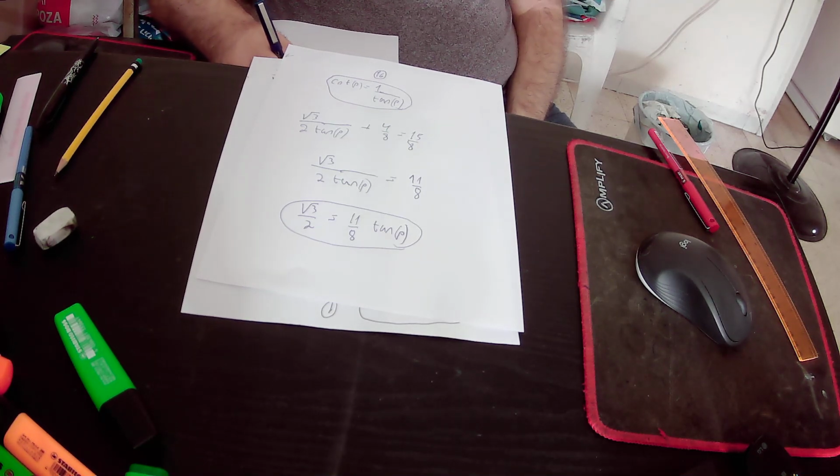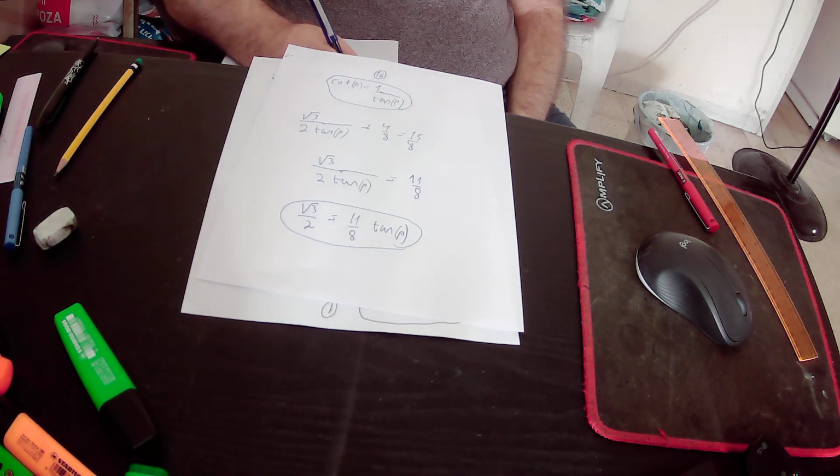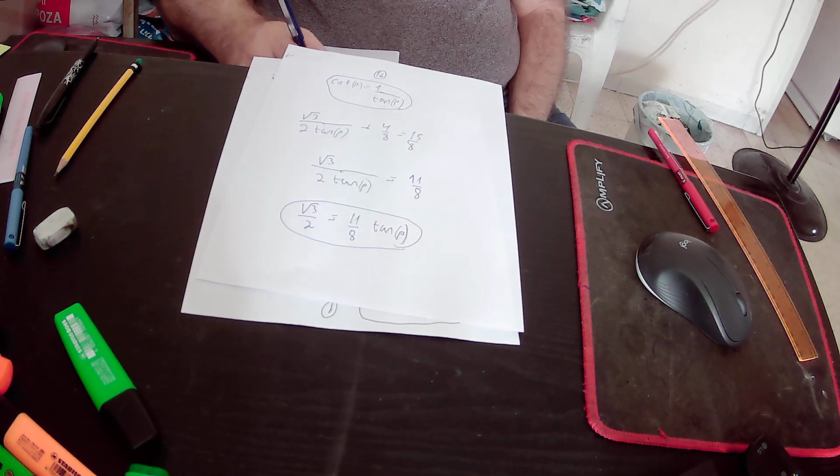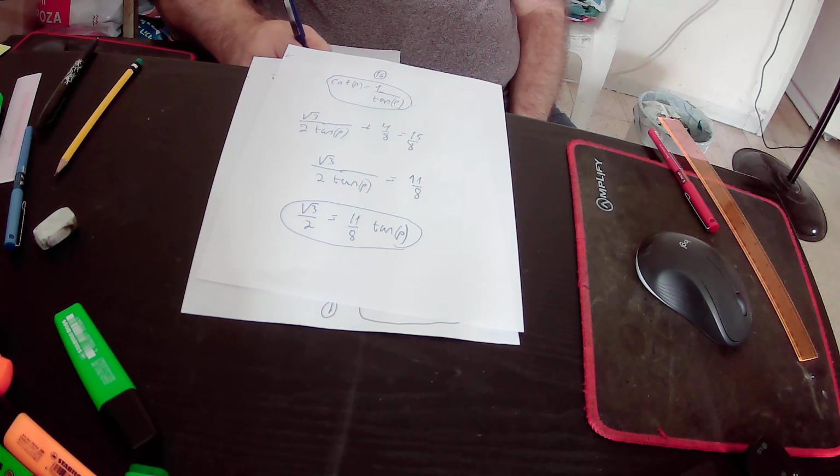Okay, so tangent p will be equal to 8 times root 3 over 2 times 11.